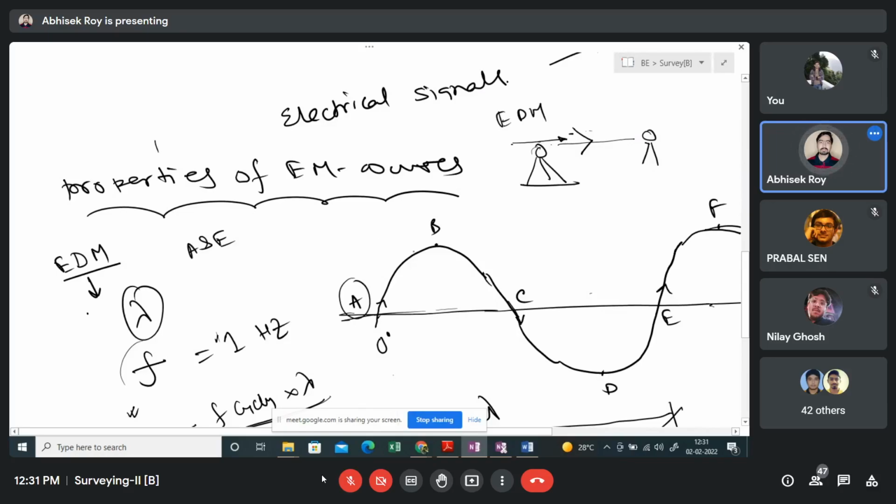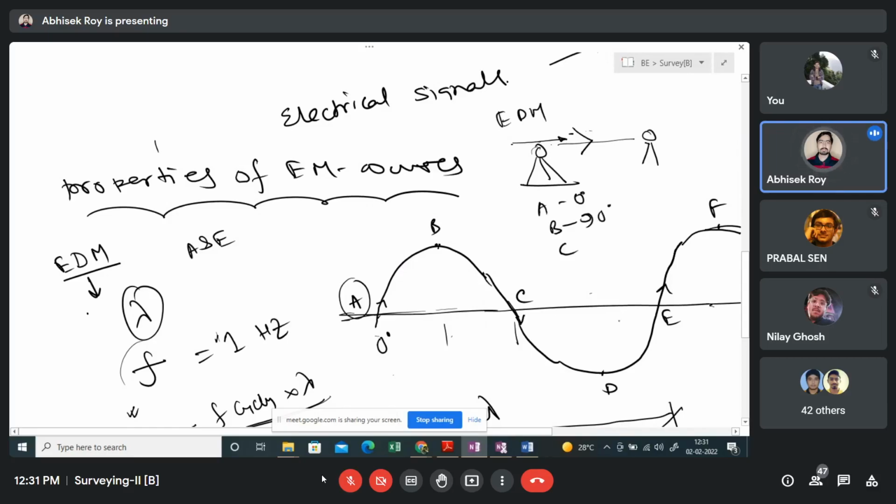If you are at B, then how much percentage is completed? If you take this as half, then your 1/4 is completed. If your full phase is 360 degree, then how much part is completed? 90 degree. So if you are at B, your phase will be 90 degree.